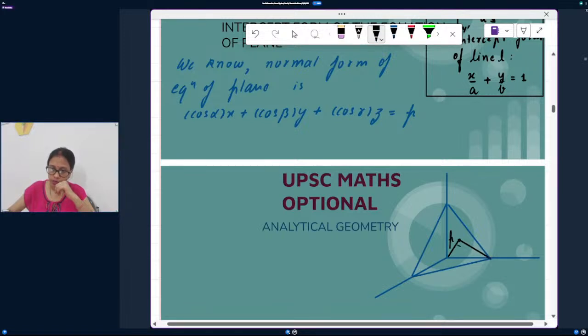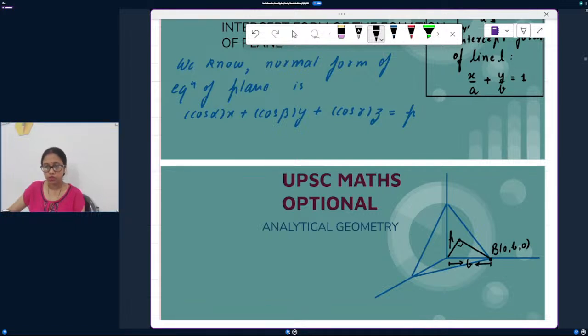Here this is perpendicular, and if this is point b, so this is 0 comma b comma 0. So this distance is b. It will be different here. Okay, I have taken a general point, and this angle is beta.